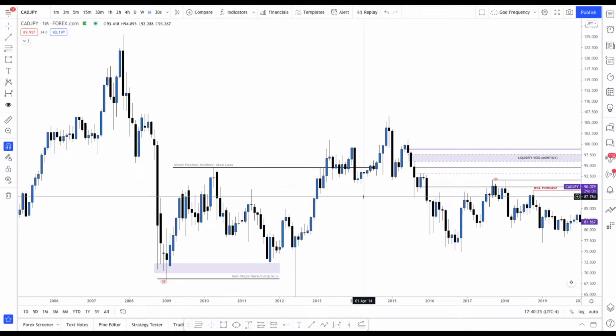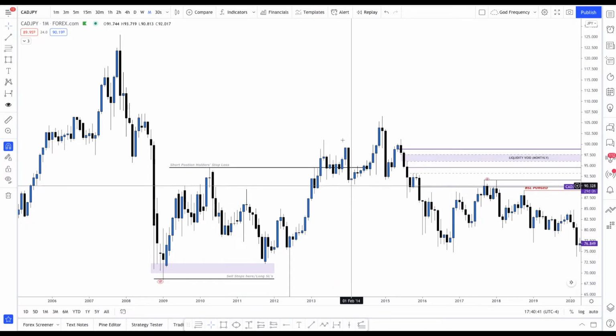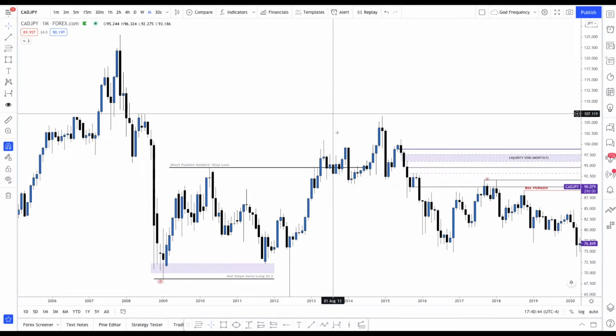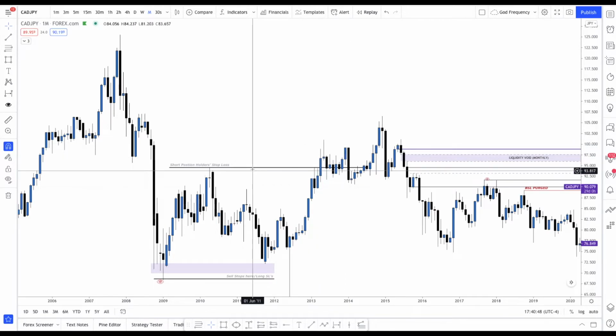You just think of the opposite, right? That's the easiest way I can put it. You just think of the opposite of what retail is doing. Take what they have and use it against the retail market. All right. So as you can see here, these people get stopped out. All right. So now you have all of this.